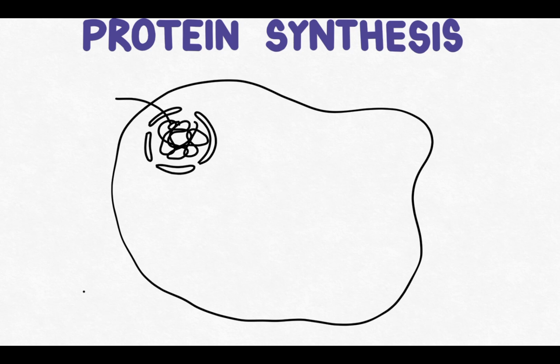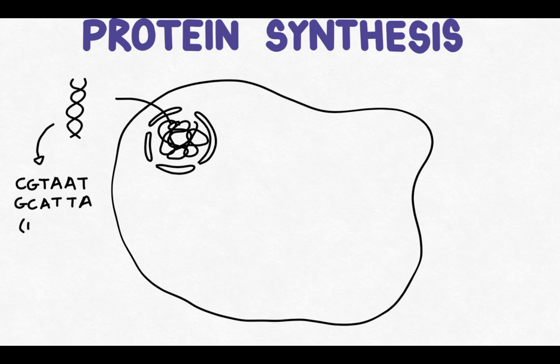Now, our DNA is our body's way of coding the information for our body to use to make proteins. So we use a guanine, cytosine, thymine, and adenine code. So let's say there's a gene and this gene has CGTAAT. So it's double helix, so the mirror image of this code will also exist. Now this DNA will then be transcribed into mRNA.